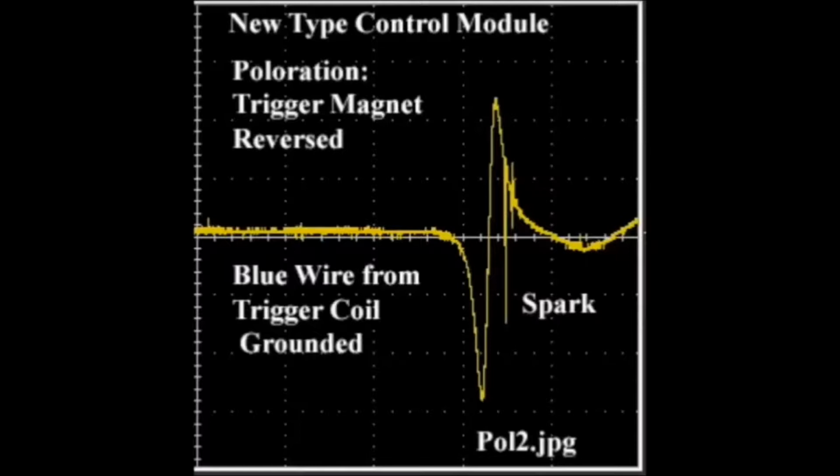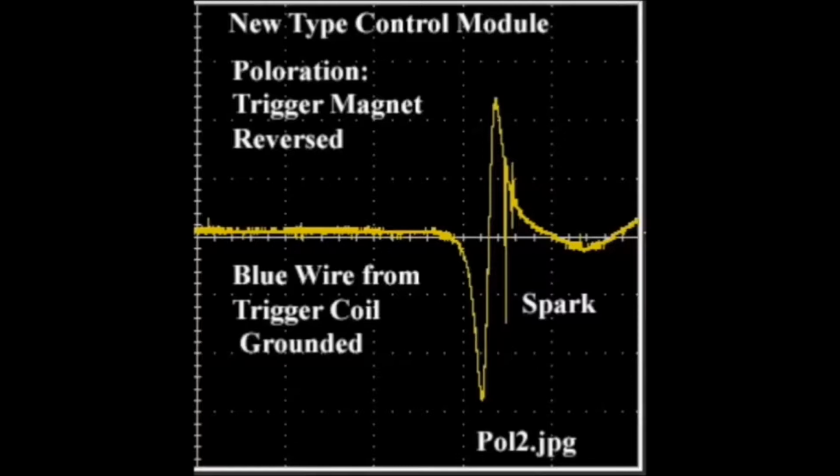Now, this point in the waveform is retarded about 10 degrees from the previous trigger point, which had the positive pulse first and used the voltage reversal as a point in the waveform, which is much steeper than the portion of the waveform we're using here.